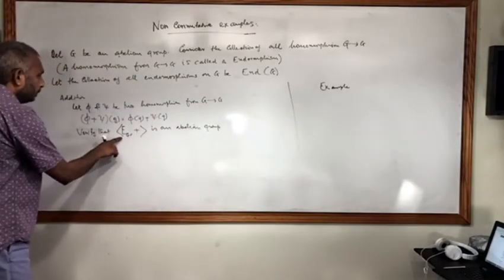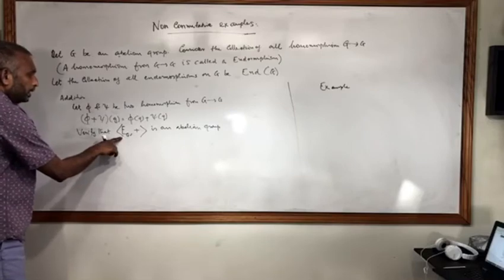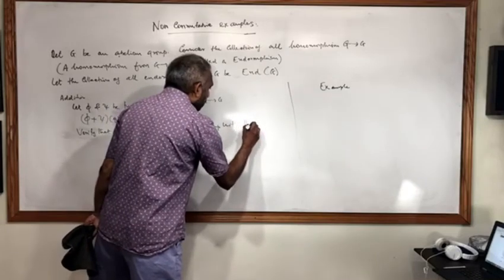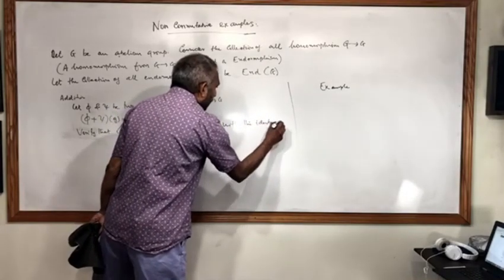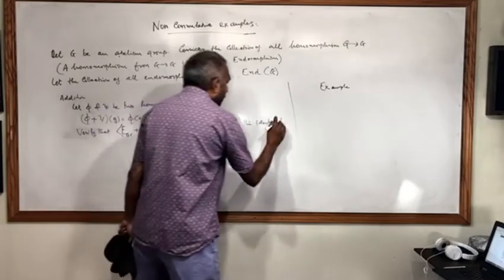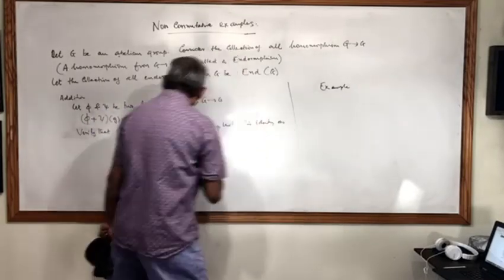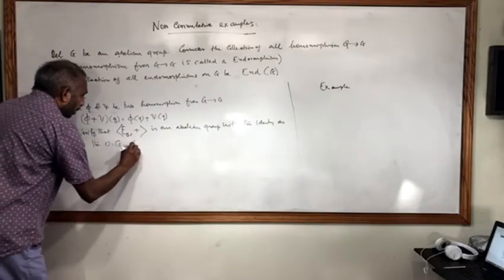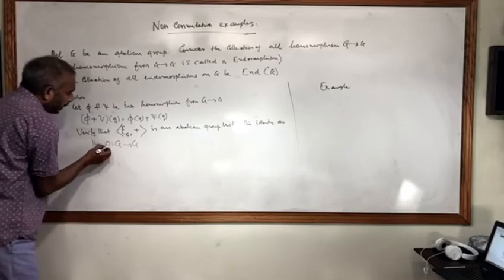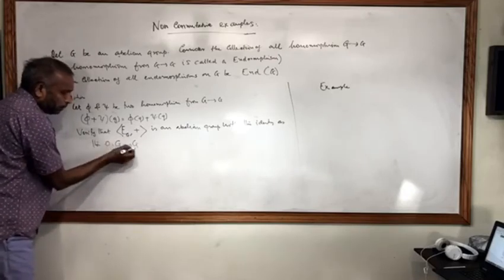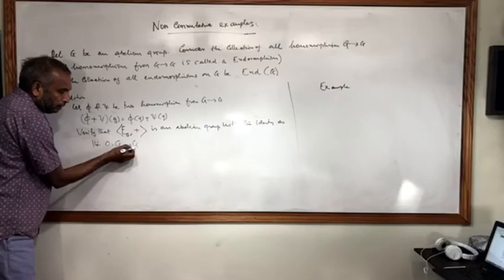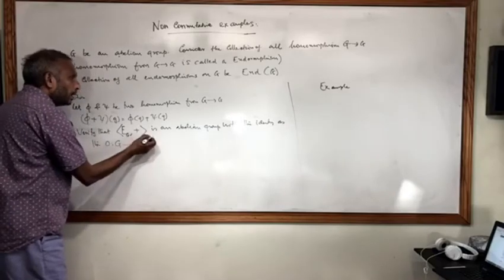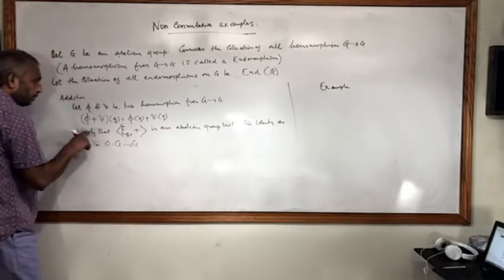And what is the identity of this group? The identity is the zero homomorphism. Zero homomorphism means every element of G is mapped to the additive identity of G, and that map is the additive identity of this group.